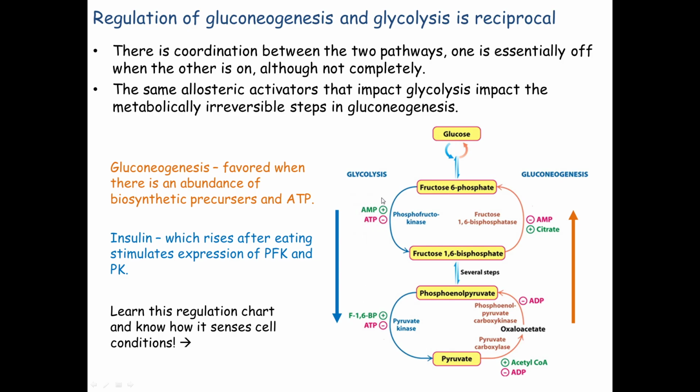AMP promotes glycolysis in the opposite way. ATP would shut it down. And in step 10, pyruvate kinase, there is feed-forward stimulation. If the product of step 3 builds up and step 10 is not keeping up, it will activate or enhance step 10. This was all a rehash of what we had in the last slide set.